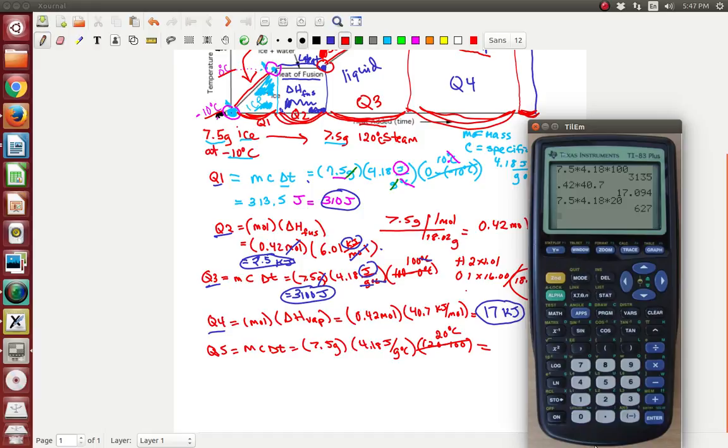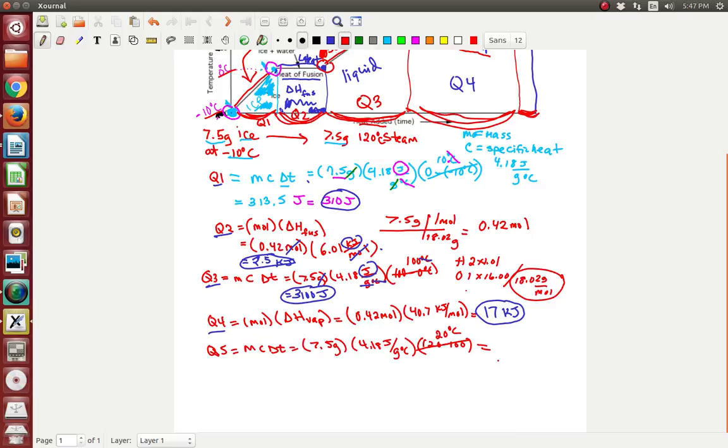Again, I'm going to keep 2 sig figs, so 627 would be 630. We're going to write 630 joules. Okay, and that one, I should circle it with the blue. That is my Q5.